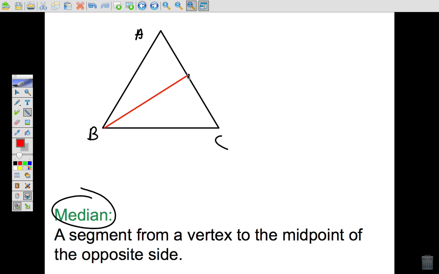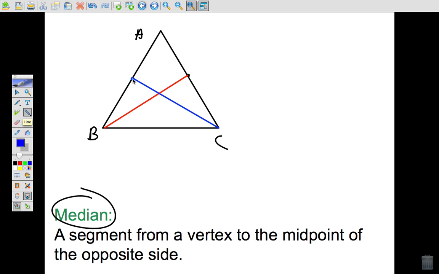Now let's say that I wanted to go from vertex C. I want to hit the opposite side from vertex C, so the opposite side would be AB, and I'm just going to put a dot kind of where it looks like the midpoint would be. So I would draw this segment from vertex C to the midpoint of the opposite side.